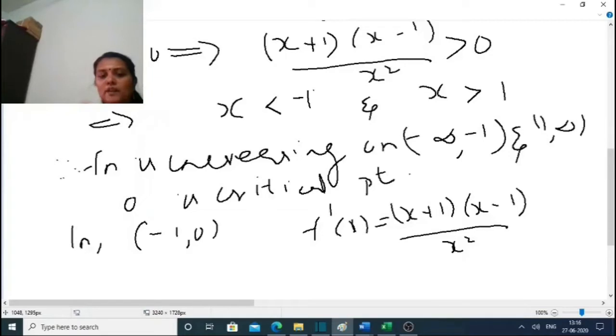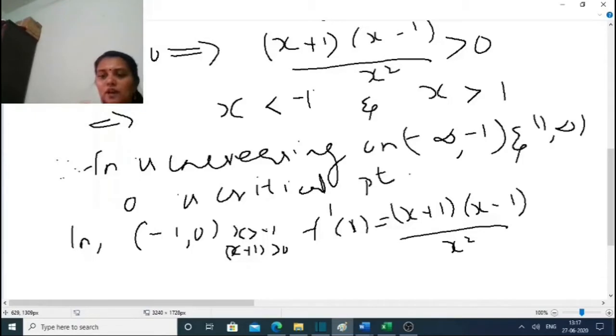So this is when x is in the interval (-1, 0), x greater than -1. So x plus 1 will be greater than 0 and x minus 1 is less than 0.